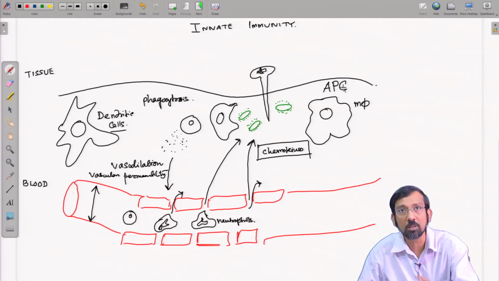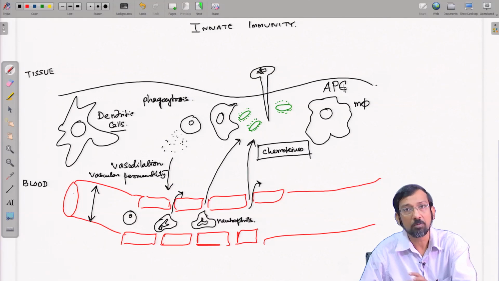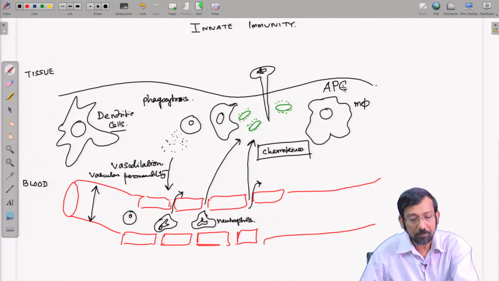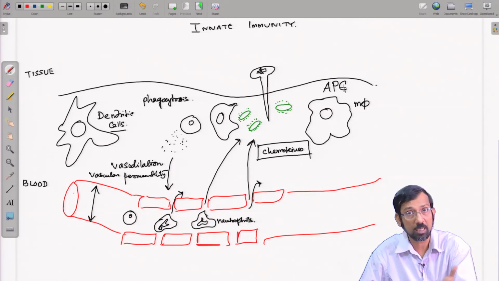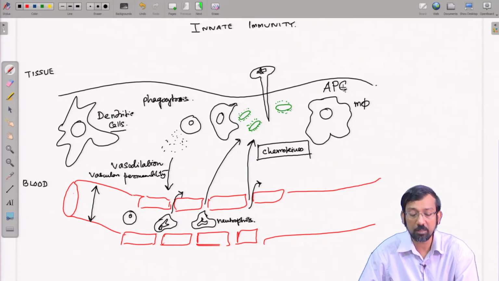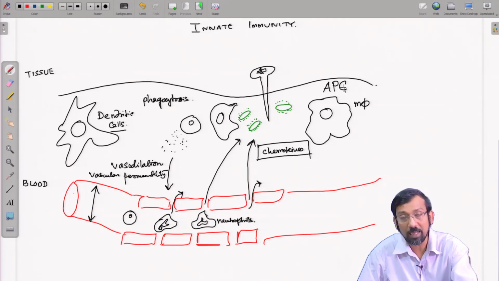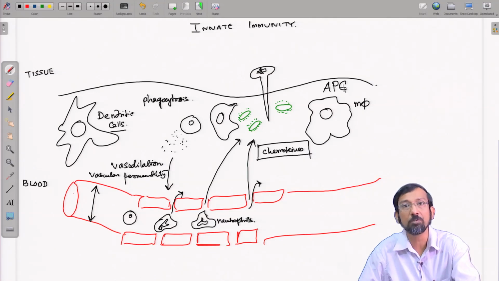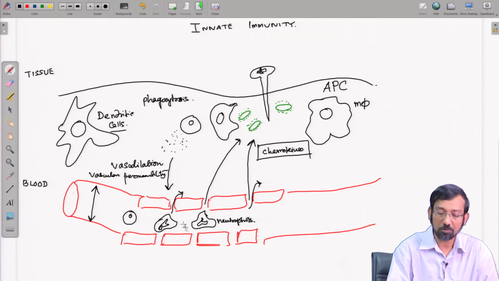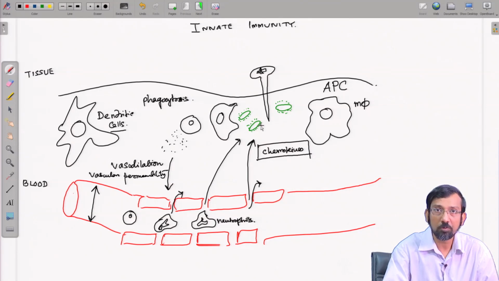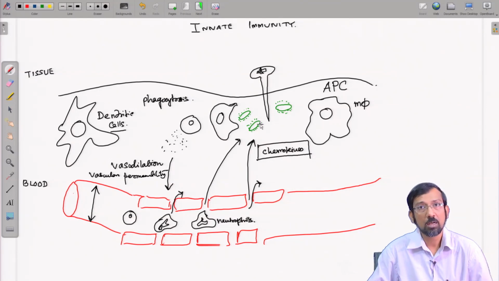So, the bacteria or the pathogens that have entered are engulfed by the phagocytic cells, and then there is also release of histamine from the granulocytes like the mast cells, leading to vasodilation, increased vascular permeability, and migration of more of these cells to the site of action.